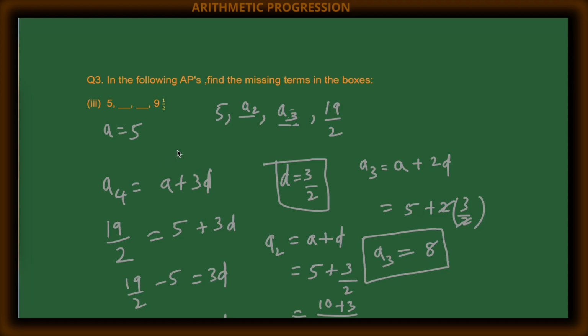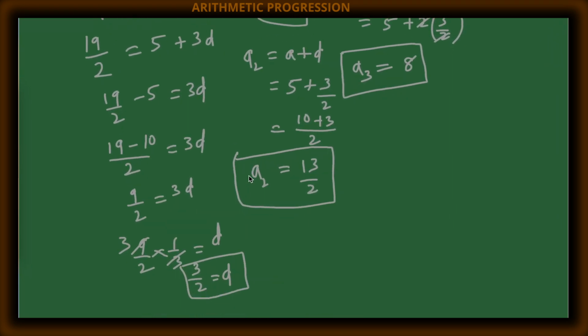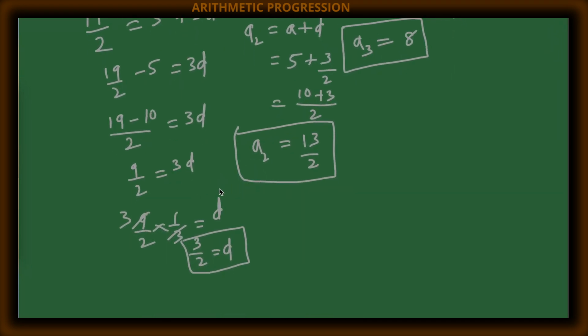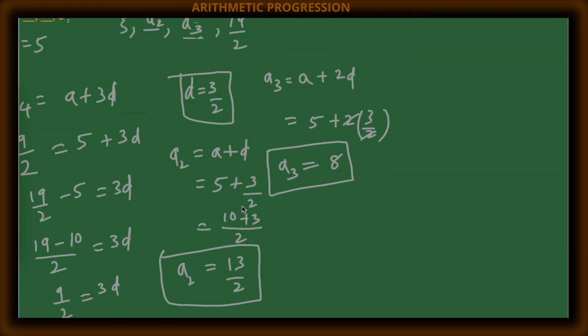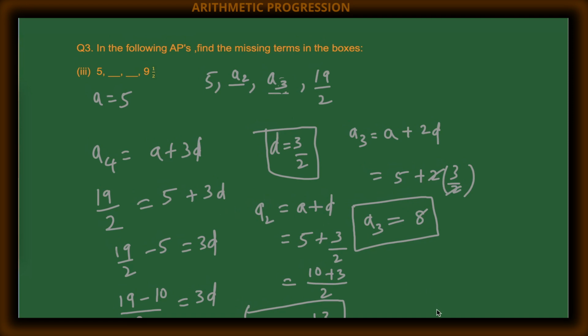Always remember this, as it can help you get the problem solved. Here we took two unknowns, found the difference, and then solved it with the general form of AP. Let's move to the next page.